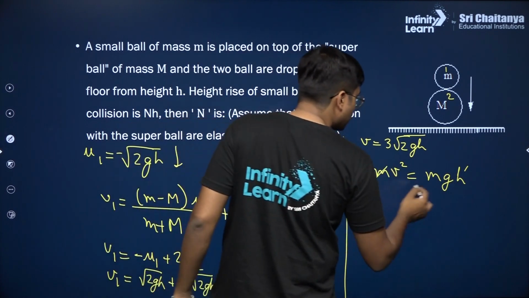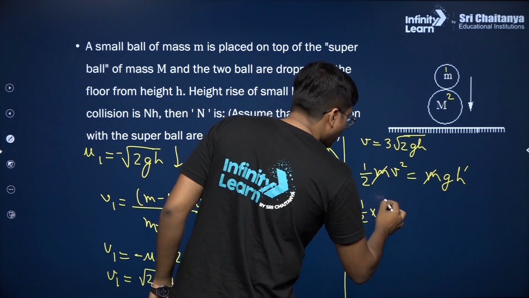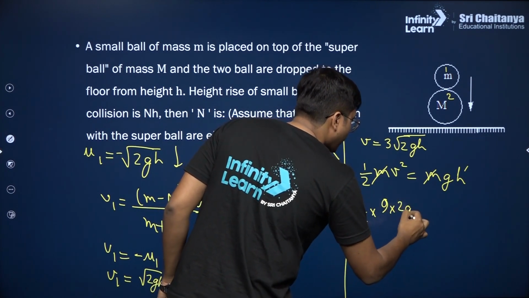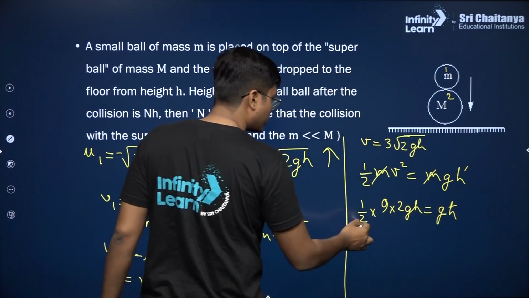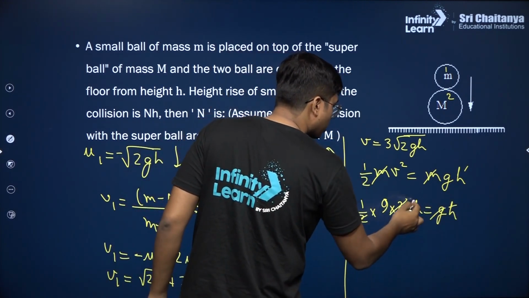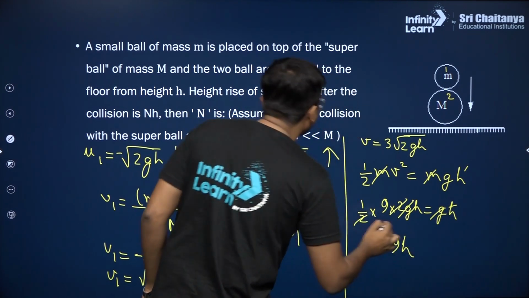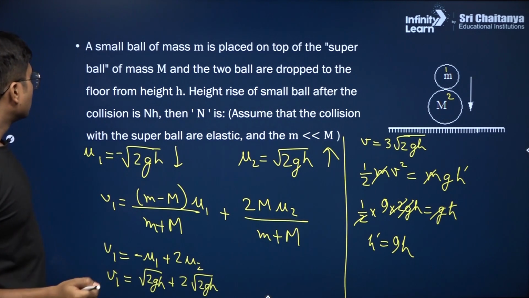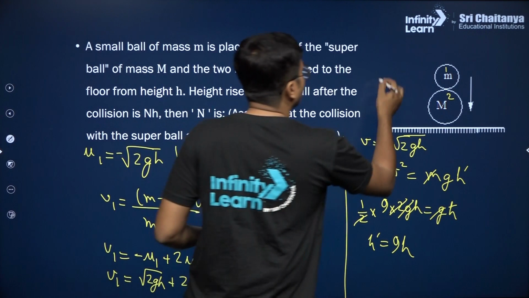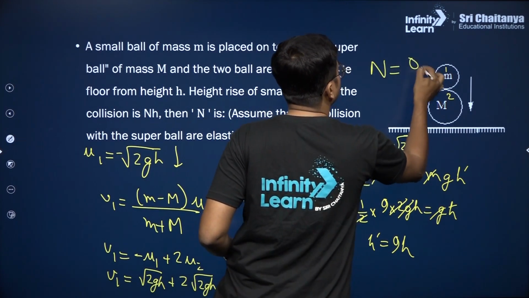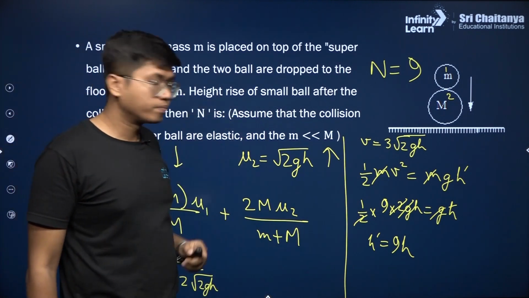So cancel out the masses here, put in this v squared, that gives you half into 9 into 2gh is equal to g h dash. Cancel out the 2s, cancel out the g's, and your h dash becomes equal to 9h. So this n value is equal to 9. Did we get that right? Yep. Our n is equal to 9 over here. Okay, so it goes up 9 times higher.